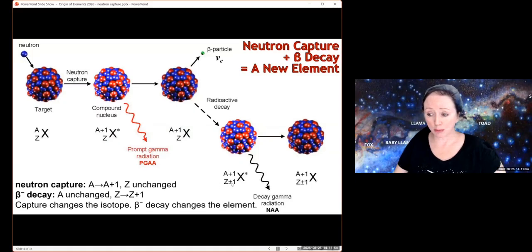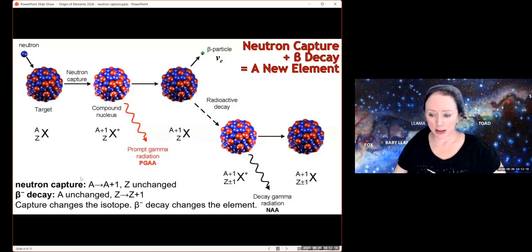We've added a proton. And it will be a little bit energized through that process, and so it has to lose a little bit more energy until it's finally at its final stage. So by adding a neutron, we can convert something from atomic mass A and atomic number Z to atomic mass A plus 1 and atomic number Z plus 1.